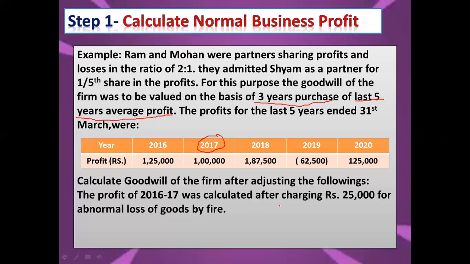Was calculated after charging rupees 25,000 for abnormal loss of wood by fire. It means that when this profit is being calculated, this loss was deducted out of it, right? So it means we have to add back. So all the abnormal losses has to be add back, and all the abnormal gain has to be minus.